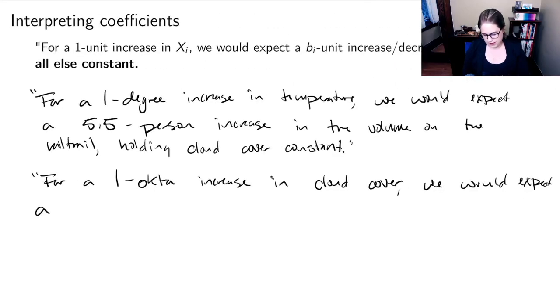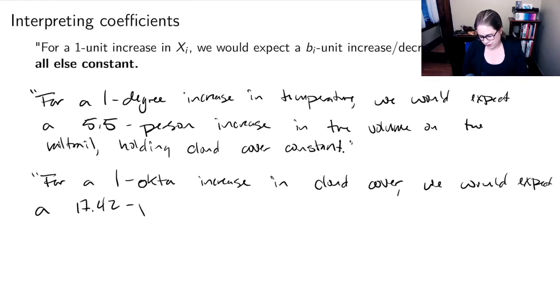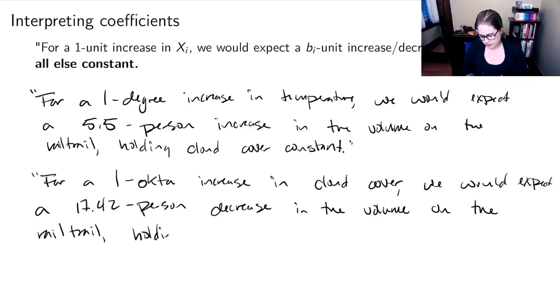So what I'm going to say is we would expect a 17.42 person decrease in the volume on the rail trail, holding average temperature constant.